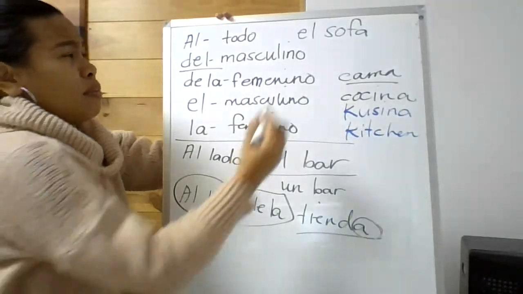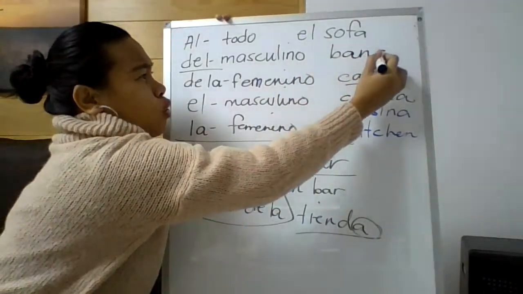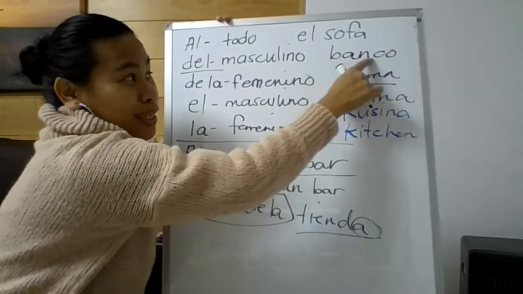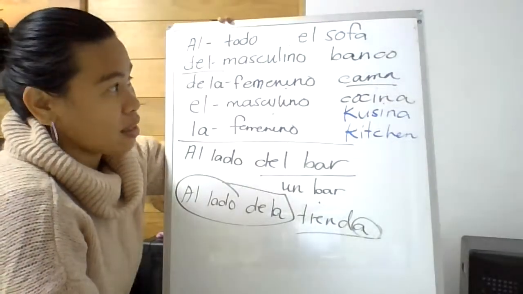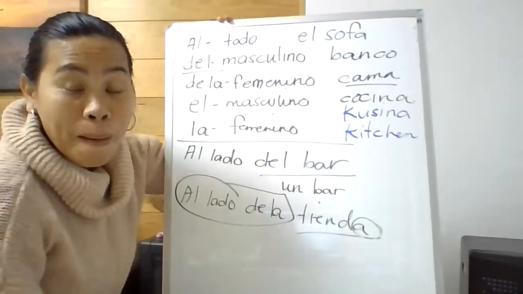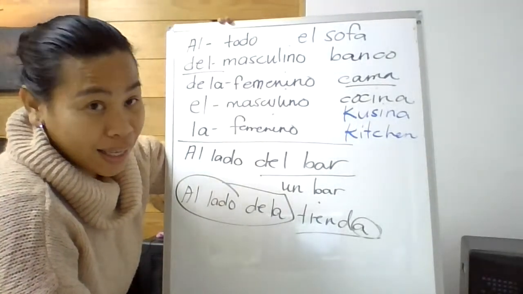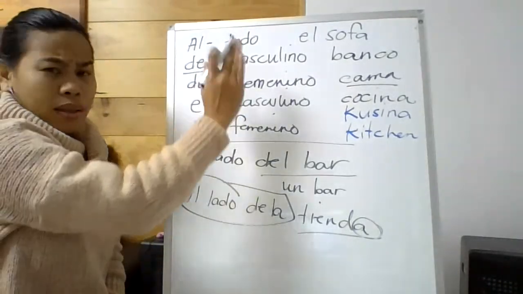Because banco is masculino. In Tagalog, we change the letter C into K. Bank, the bank, in English. In Tagalog, "bangko", with the N and the G and with the K.